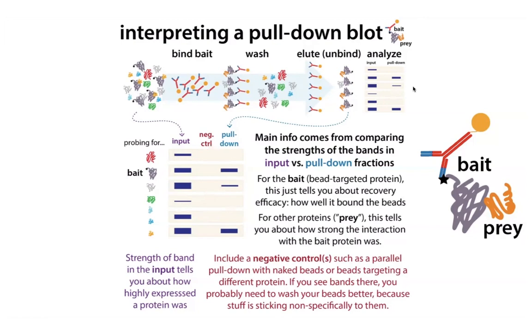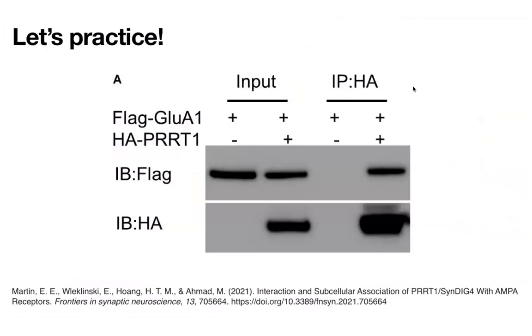We'll talk more about washes in a second. So you have your input, what's going in, your negative control, and then your pull down, sometimes labeled IP. This is the stuff that was pulled down when you isolated that bait, the prey. So you'll see the bait as well as whatever prey it was bound to.